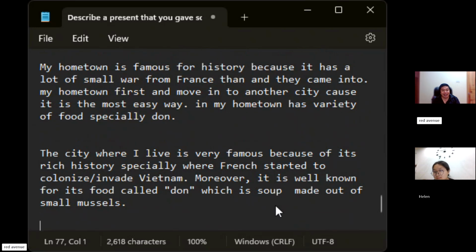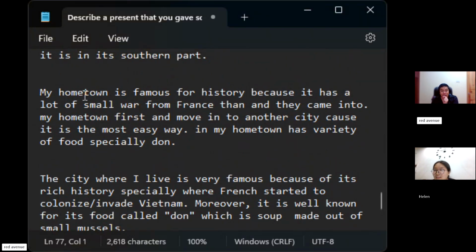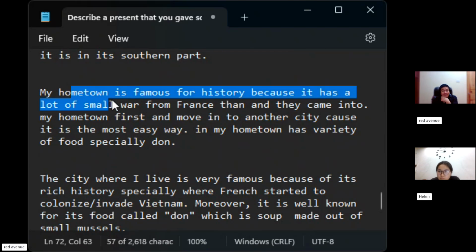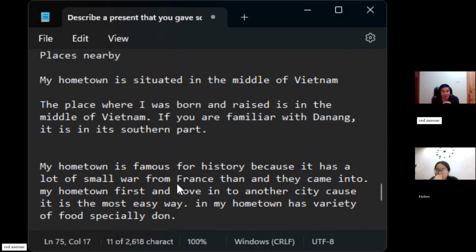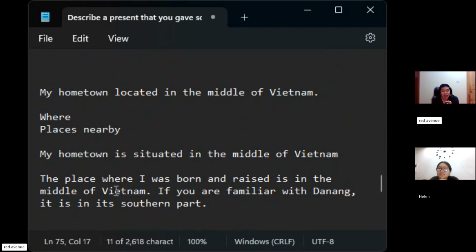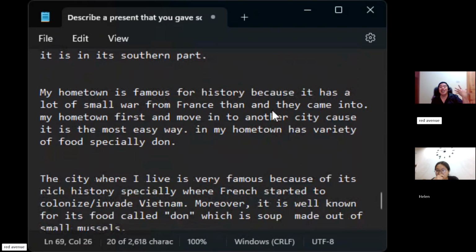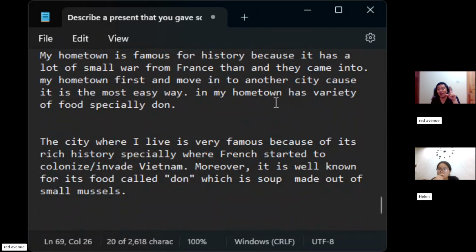Correct. If you look at this, did we use the word hometown? No. Instead, we use city where I live. In the first question, it's the place where I was born, right? So we're trying to give as many different vocabularies to describe a certain vocabulary. That's the challenge.